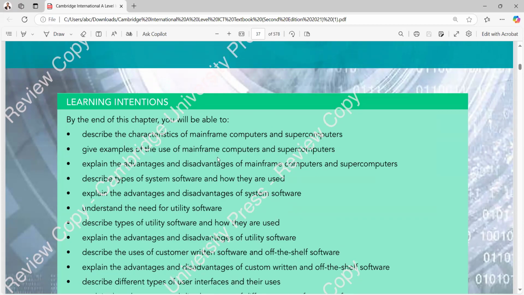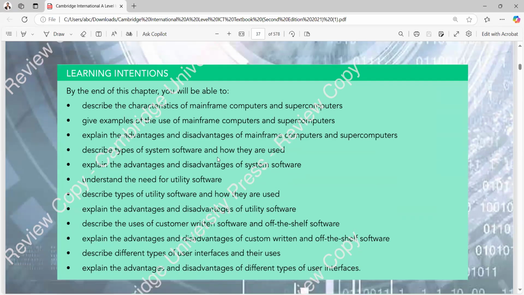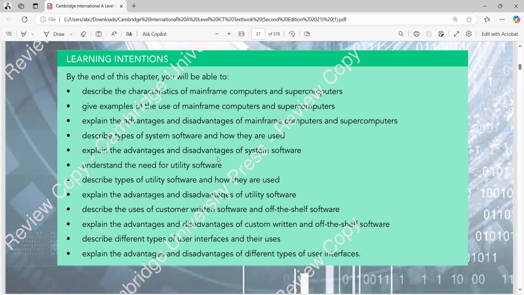We will be describing the types of system software and how they are used. We will be explaining the advantages and disadvantages, the need for utility software, what the utility software are, and their examples. Then we will discuss, when it comes to customers, written software or off-the-shelf software.